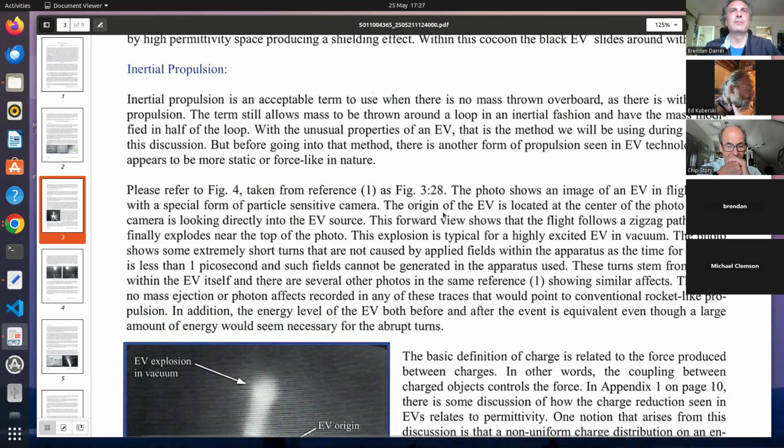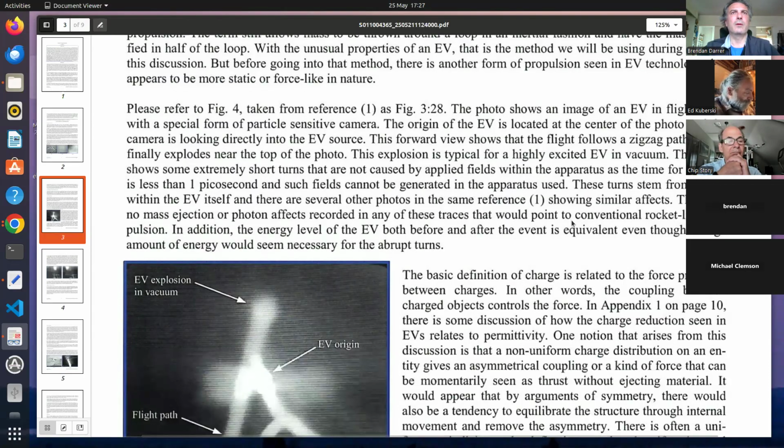With the unusual properties of the EV, there is a method we will be using during most of this discussion. But before going into that method, there is another form of propulsion seen in EV technology that appears to be more static or more force-like in nature. Please refer to Figure 4, taken from Reference 1 as Figure 3-28.